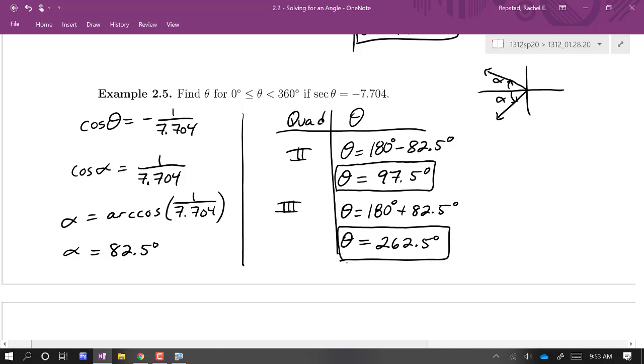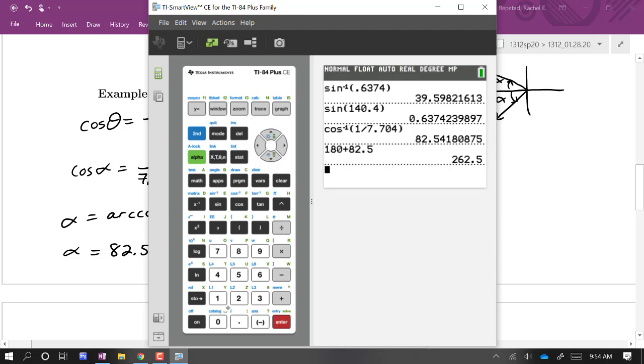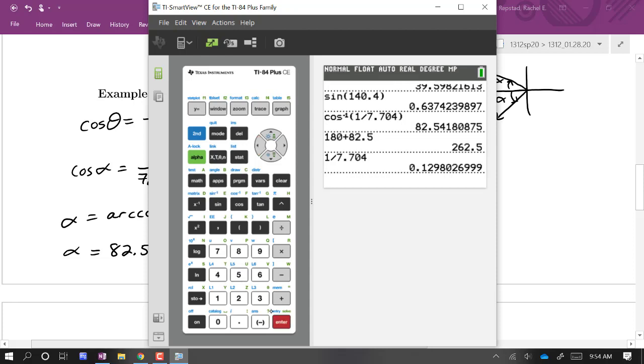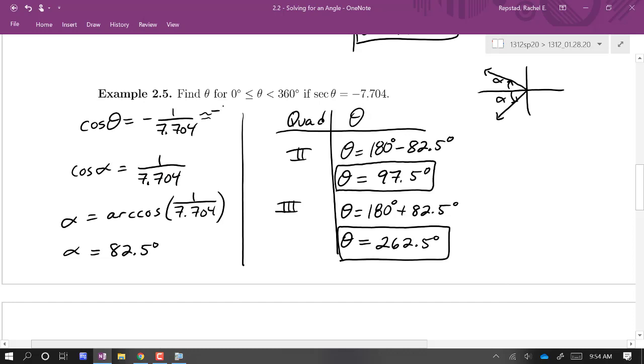How's that? We can check, right? How do I check these answers? Negative 1 over 7.704, I'll just find that approximation, is negative 0.1298.